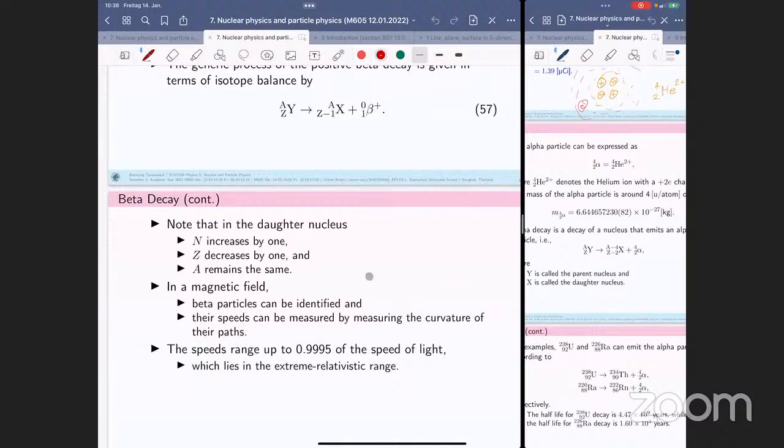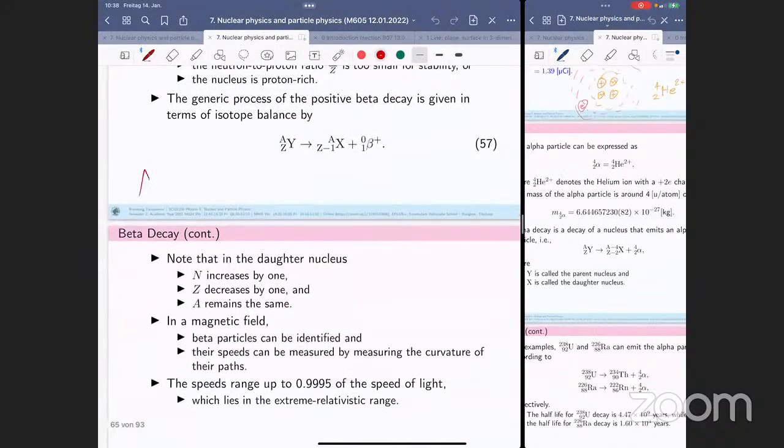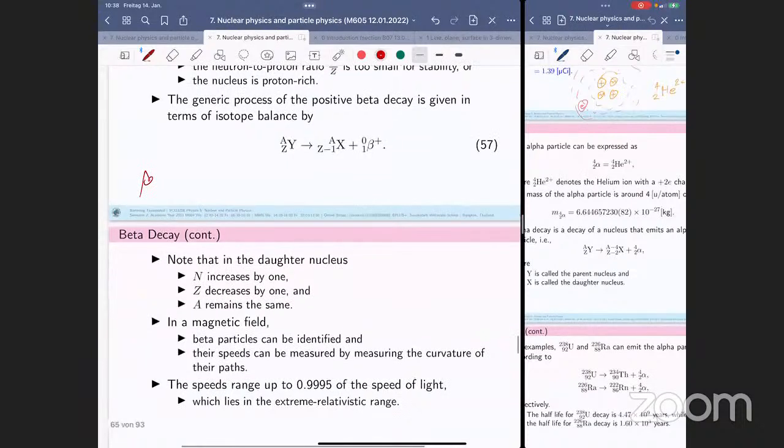Let me write it down again. If you have beta 0, 1 plus, which is the positron, moving like this, and you have the B field like this, this is the vector of B. This is the vector of velocity of the positron.